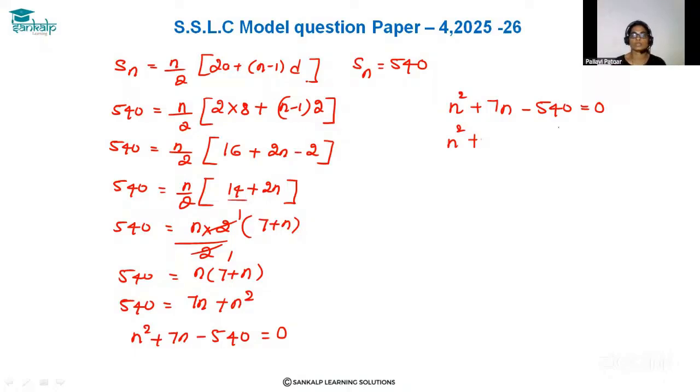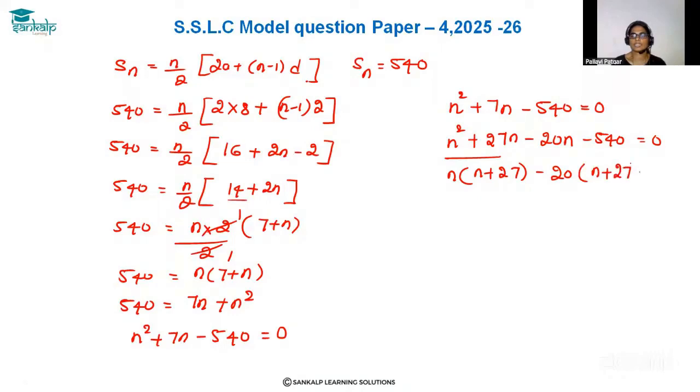So split this as 27n minus 20n minus 540 is equal to 0. Here n is common: n into (n plus 27) minus 20 into (n plus 27).